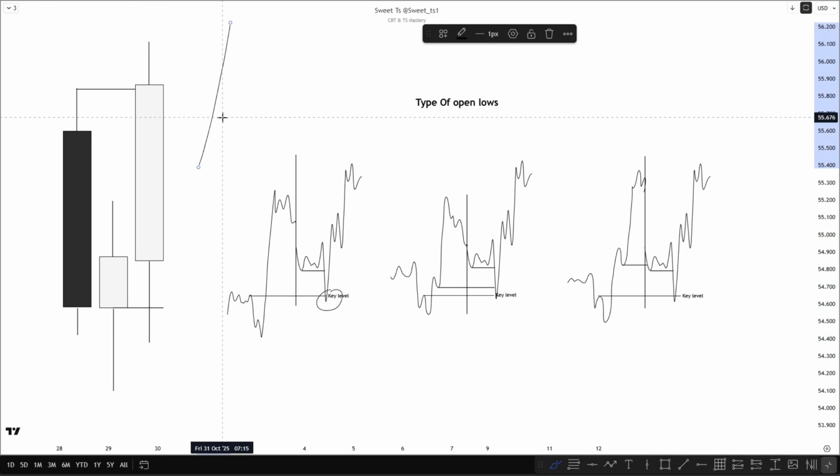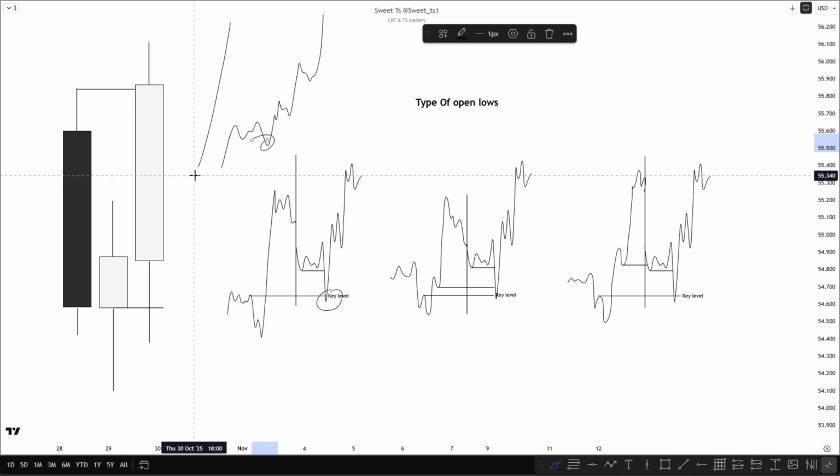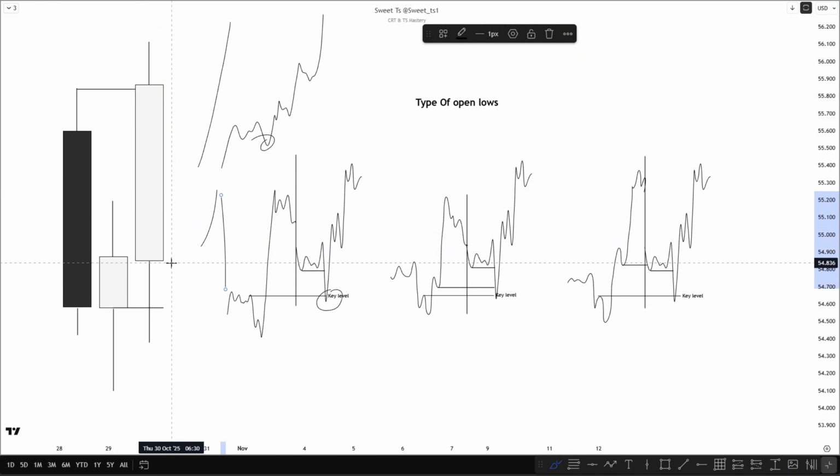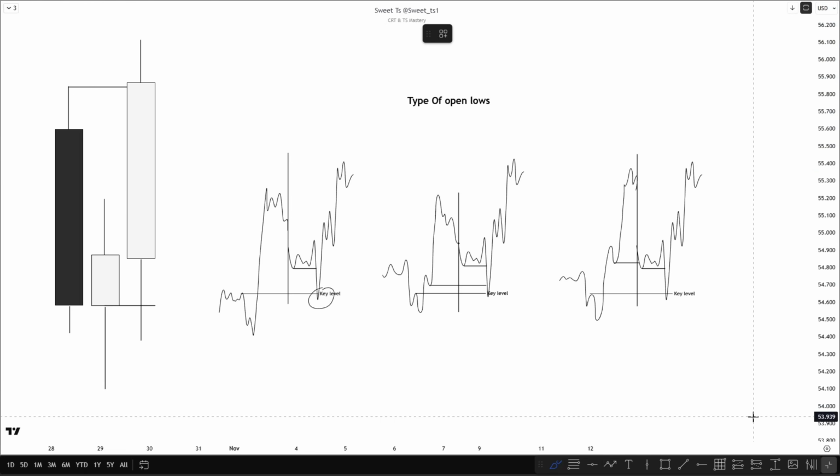So higher time frame trend or higher time frame retracement, but it's a lower time frame trend, and we're trading a reversal. So lower time frame reversal, but in the direction of a higher time frame order flow. Right? It could be a higher time frame retracement or expansion. It doesn't matter.